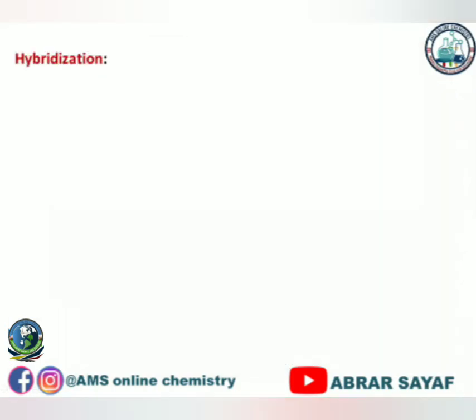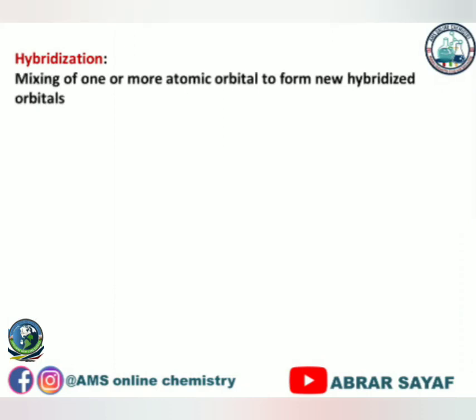So first, what is hybridization? Hybridization is basically the mixing of one or more atomic orbitals to form new hybridized orbitals. The atomic orbitals may be of different shape and different energy, so they are called unhybridized orbitals.